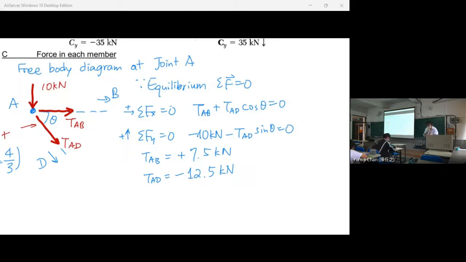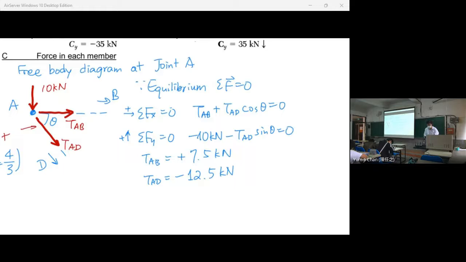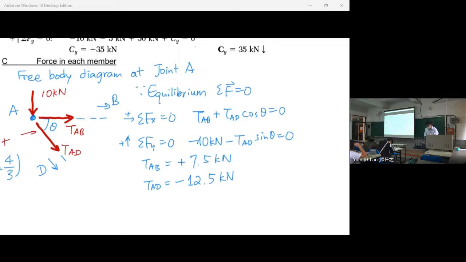Some of you may remember what I've said. If it is positive, it means it is in tension. And if it is negative, it means it is in compression.